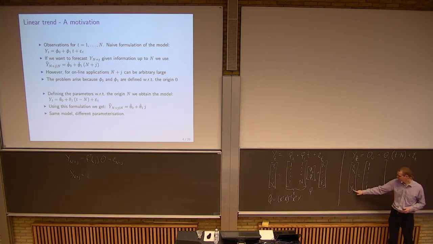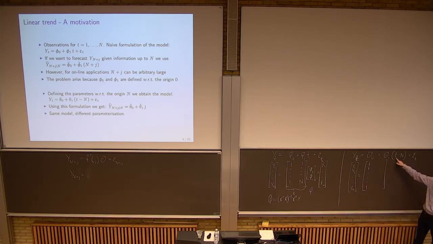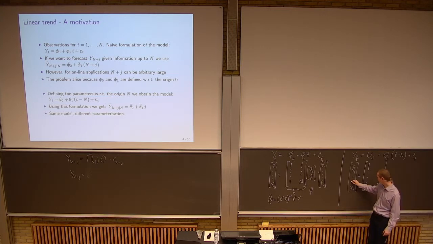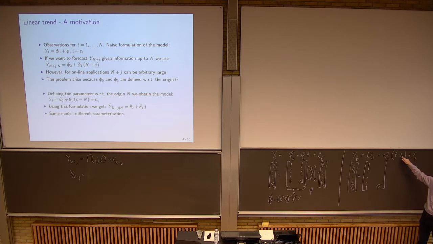When t is n, then you have n minus n, so that's a 0 down here. Let's just have n minus 1 here. N minus 1 minus n, that gives us minus 1.